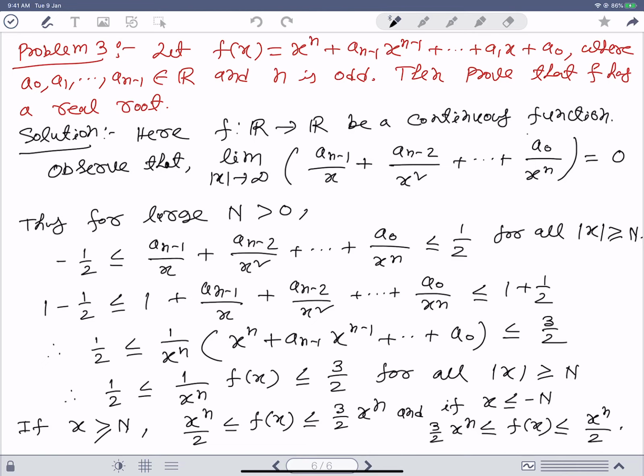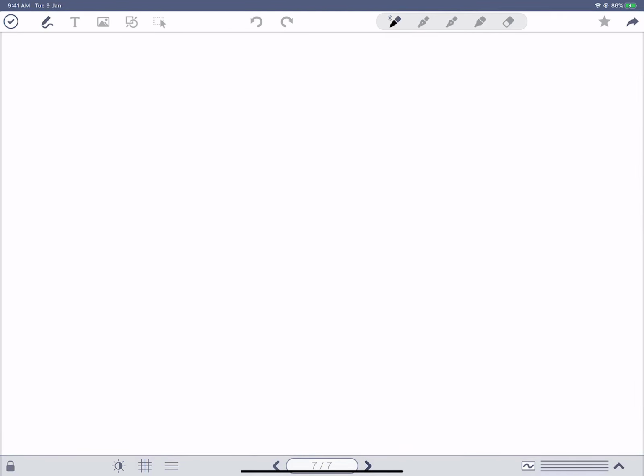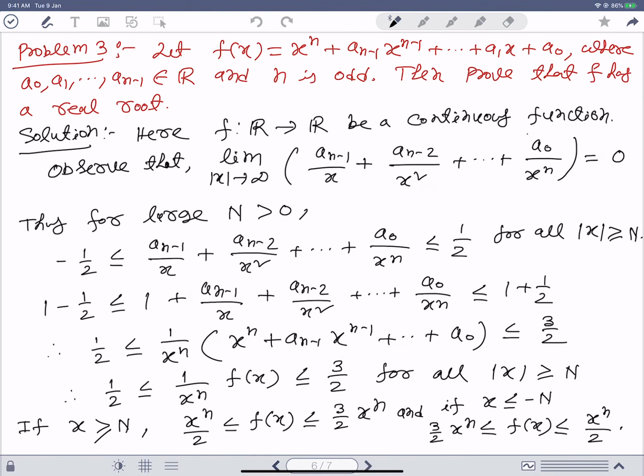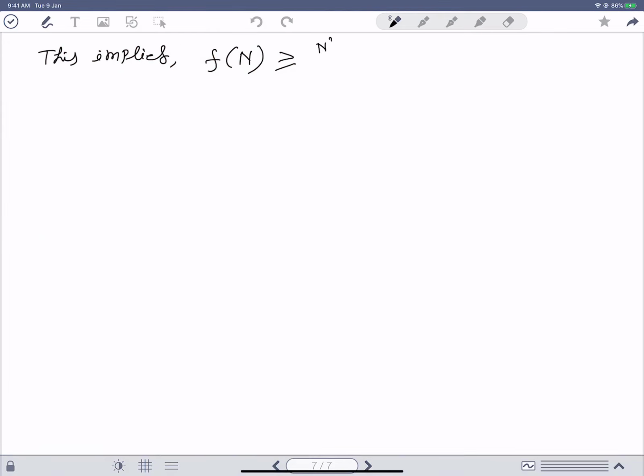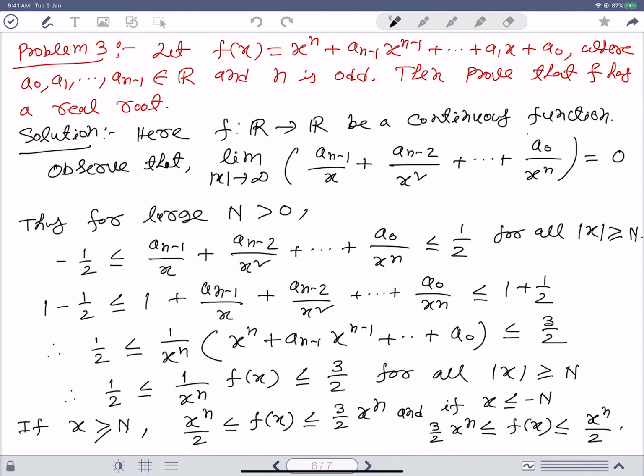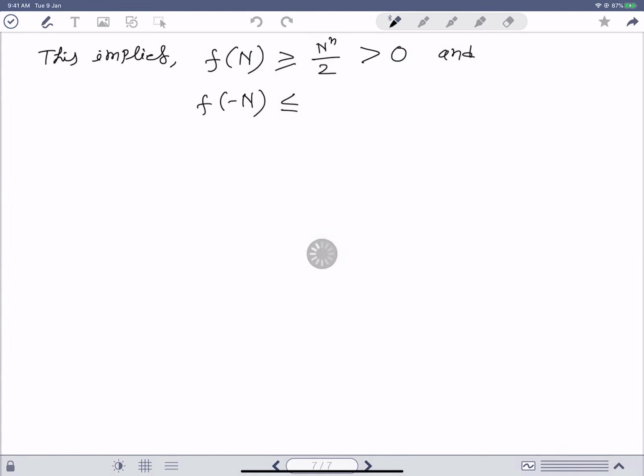Now this implies f(N) is bigger than or equal to N^n / 2, that is bigger than 0, and f(-N) is less than or equal to, you can check, (-N)^n / 2, right?